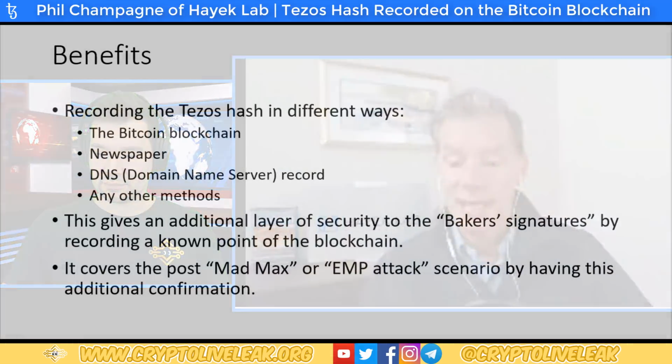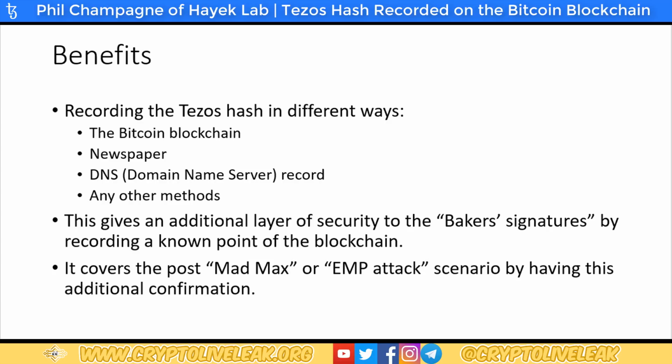Recording the Tezos hash in different ways, like the Bitcoin blockchain or a newspaper. A DNS domain name record is actually another suggestion from Arthur, and I'll take a look at it. There's additional information you can record with your DNS domain name, so that too could be used, or any other method.